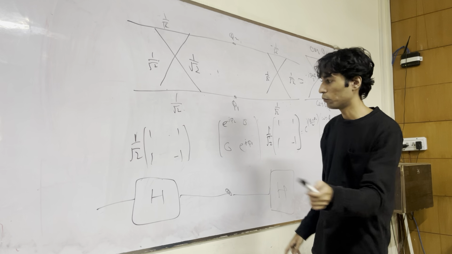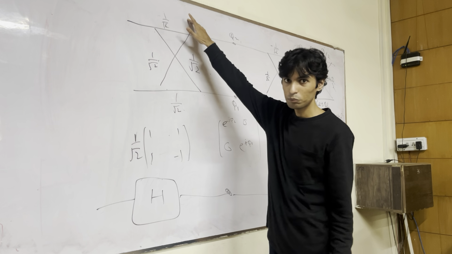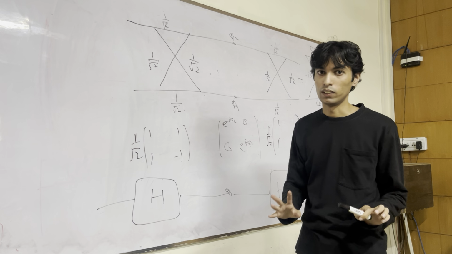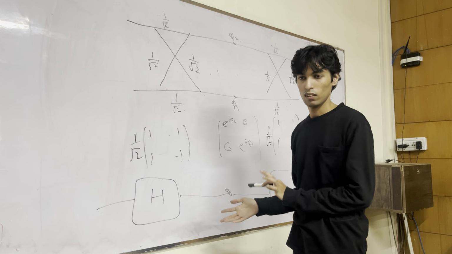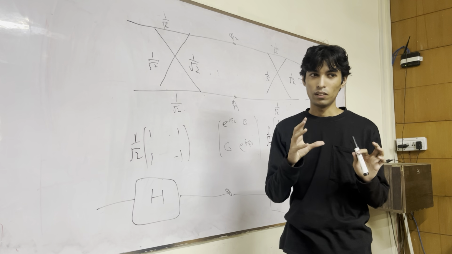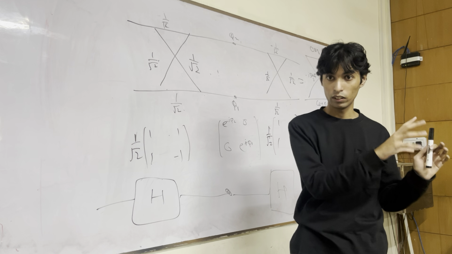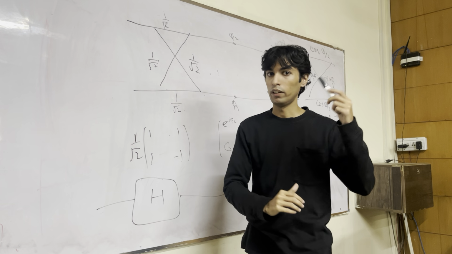I'm using this diagram again, and we have this as the Hadamard gate. The Hadamard gate is actually the most important gate in quantum physics, and it is used to open the interference and close the interference. What this means is that if you have a bit or a state at one position, you divide it into two parts.